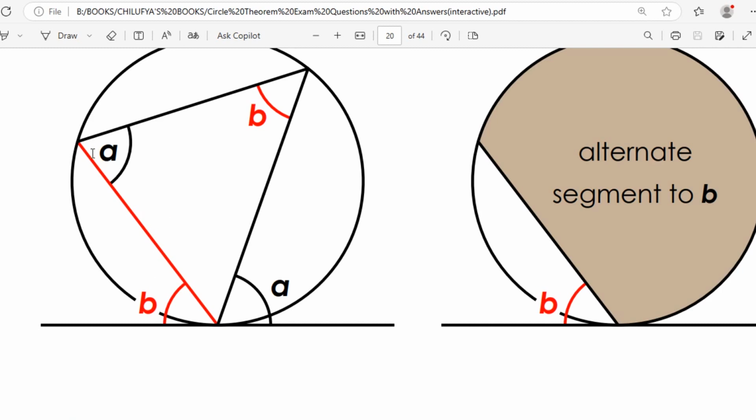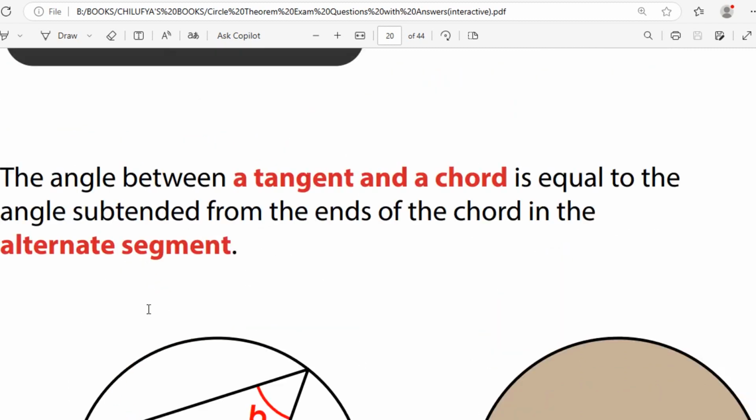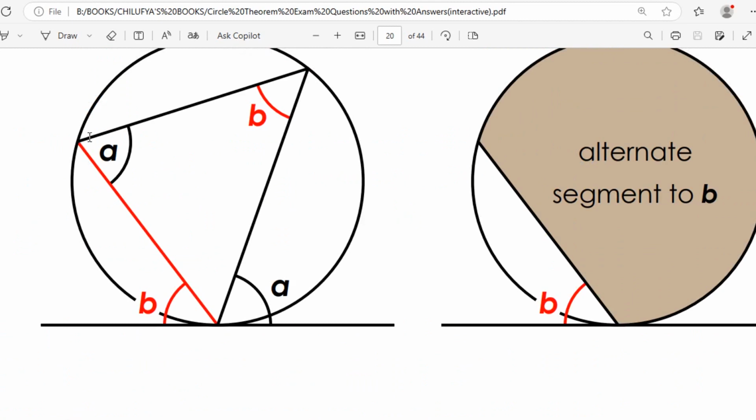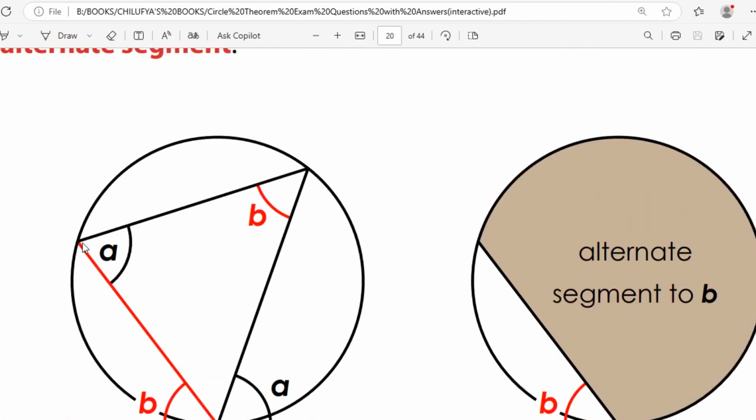So as you can see, when we have a chord and a tangent, they are forming an angle here, which is angle B. Okay, so now the statement said that the angle between a tangent and a chord is equal to the angle subtended from the ends of the chord in the alternate segment. As you can see, this red chord has two lines.